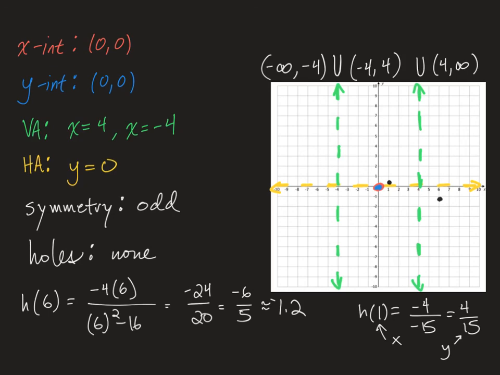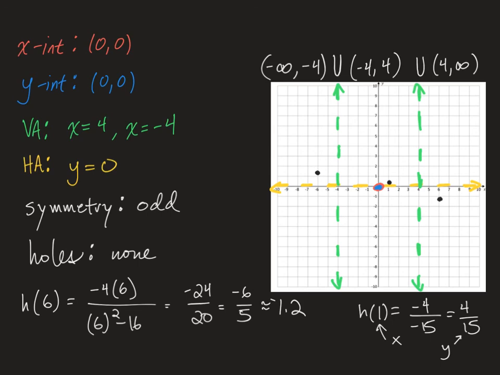All right, now there's a lot to be said about this. Because we know the symmetry of this function, I can tell you that the symmetry is odd, so we can change both signs of this ordered pair. So from 6 comma negative 1.2 to negative 6 comma 1.2. Negative 6 comma 1.2 is right about here.